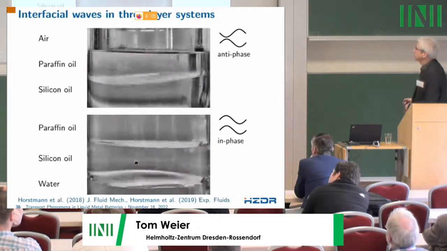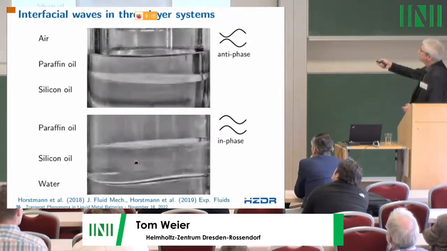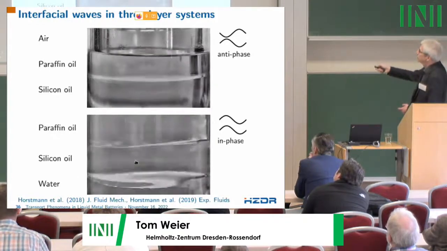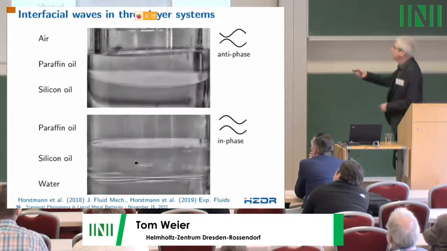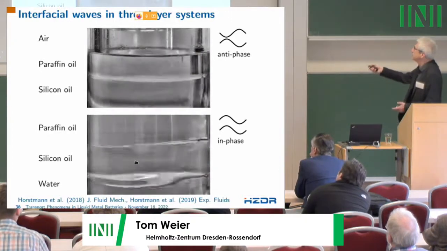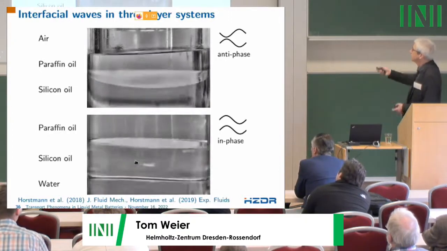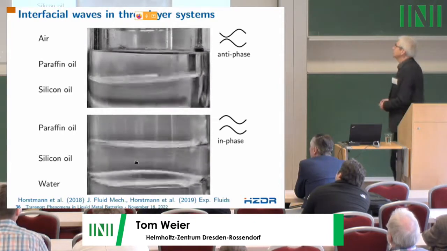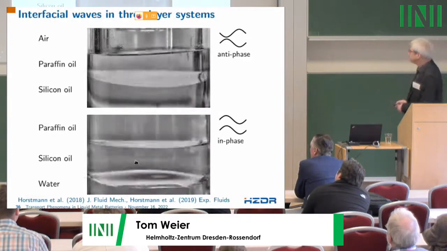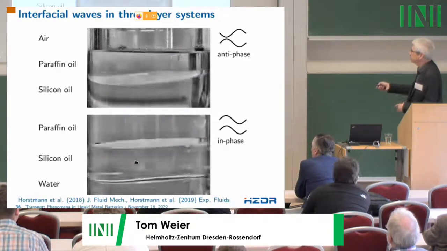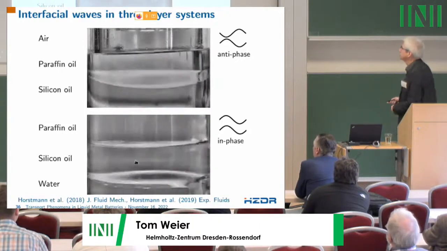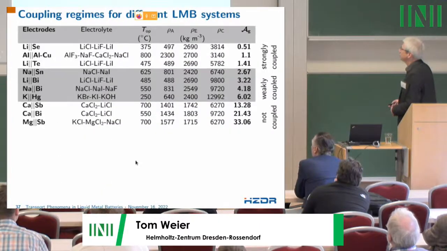And what comes out is, for a high density jump at the upper interface, between air and paraffin oil, and a low density jump at the lower interface, you have obviously antiphase waves. If the jumps are very similar, the waves are in phase. So this was a nice confirmation of the theory.